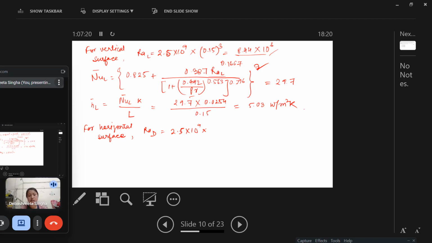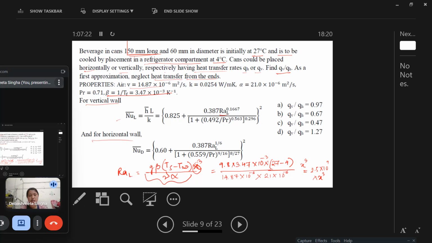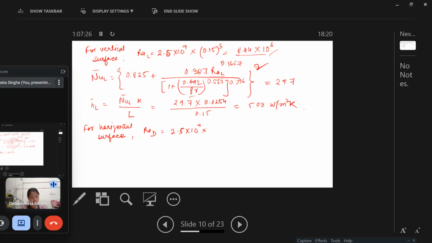Diameter was given as 60 millimeter, so 0.06 meter, 0.06 cube, and we get this around 5.4 into 10 to the power 5.